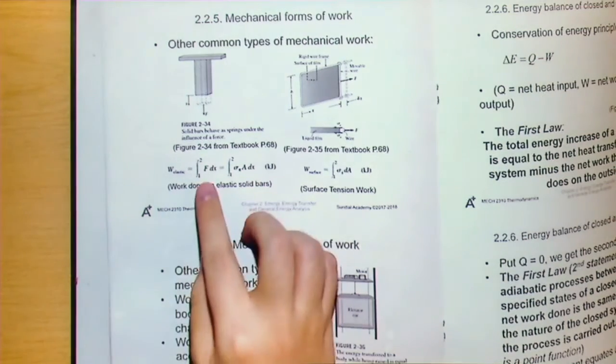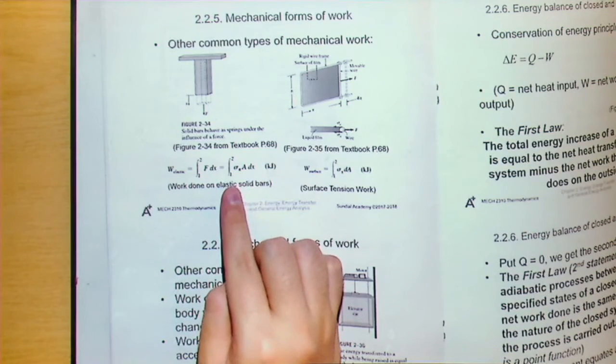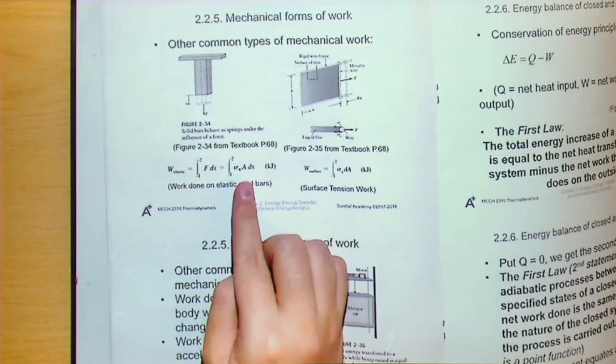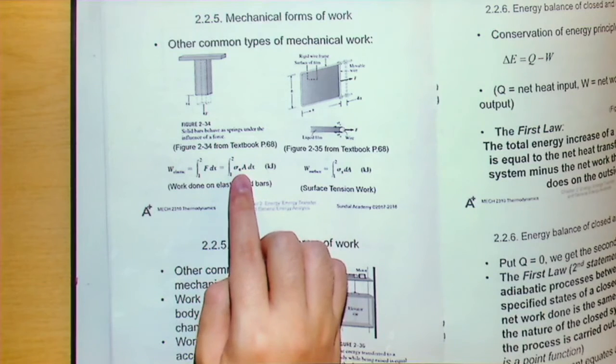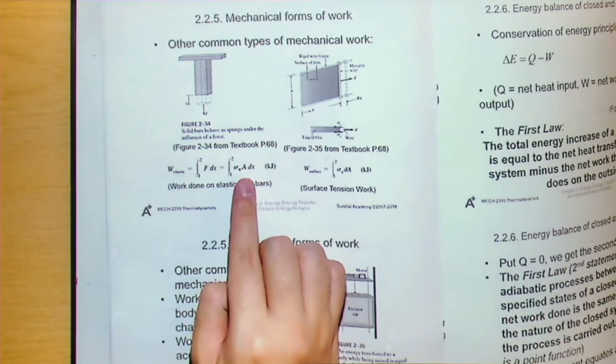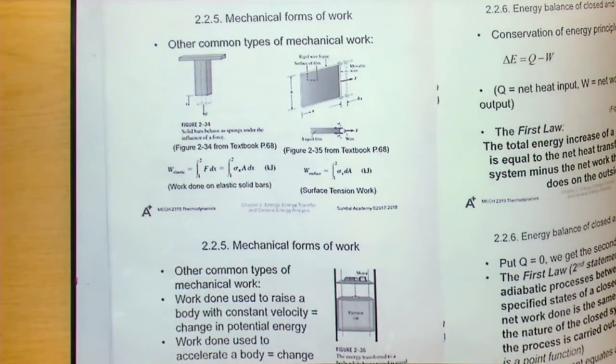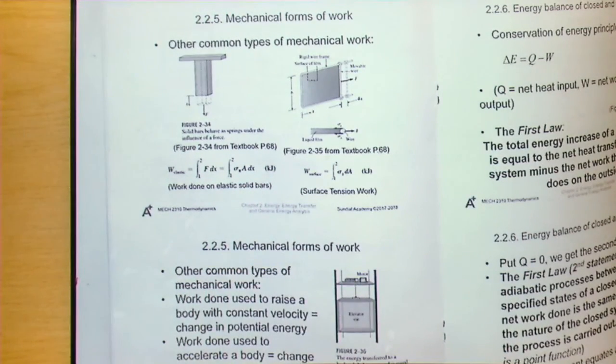It is given by this expression, that is elastic work equal to the integral from 1 to 2 of F dx, that would be equal to the integral from 1 to 2 of sigma n A dx. Sigma n is the normal stress, as I have defined before. This is the force per unit area, so force equal to sigma n times A. This A dx is actually a very small increment of volume. Okay, so sometimes it will be grouped into dV. But here we haven't done any further simplification.